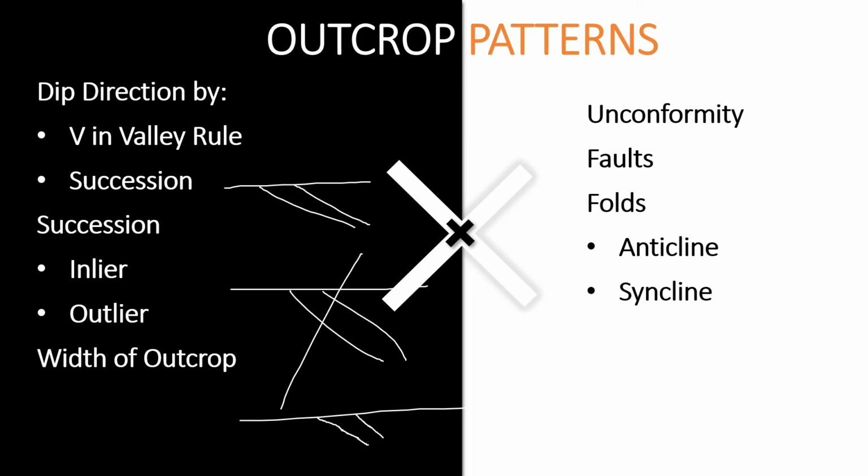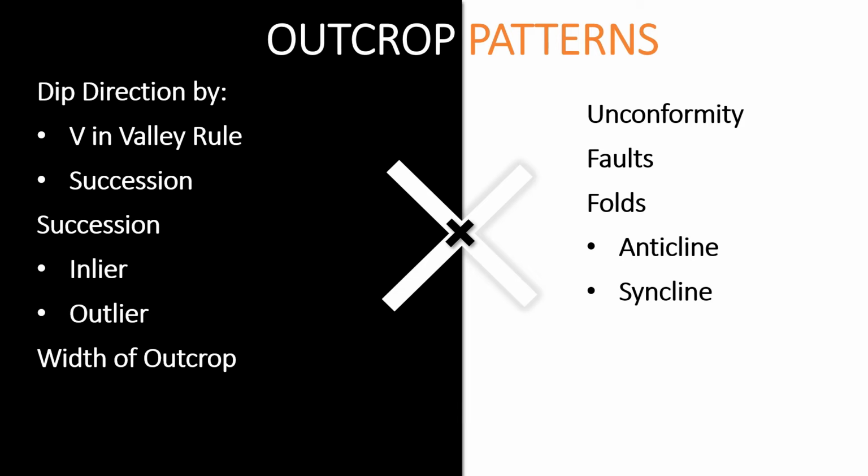Let's say after how many years this would be the result of the fault. This is an outcrop, and as time goes by, when there is a fault in that particular surface, the outcrops would move.